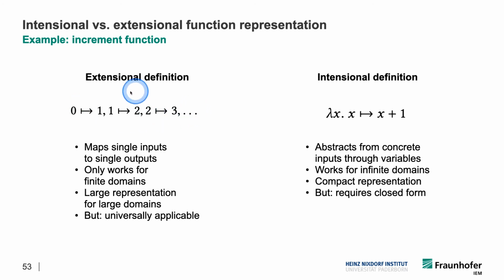But the advantage is that this is universally applicable. You can take any arbitrarily complex input and map it to any arbitrarily complex output because you don't really need to describe the function otherwise. You just need to denote that mapping, and there's no symbolic or intentional definition of that function.